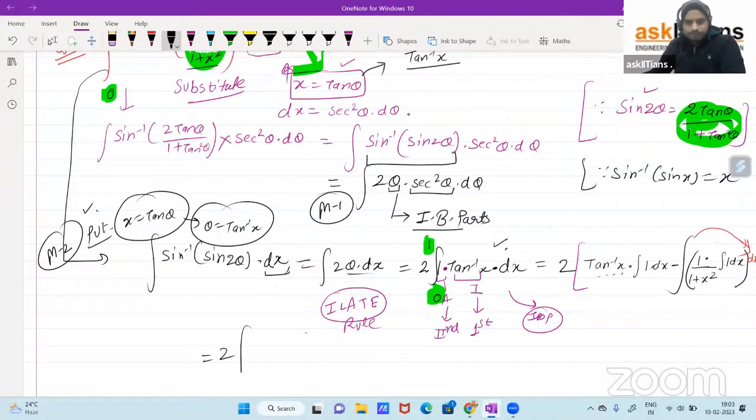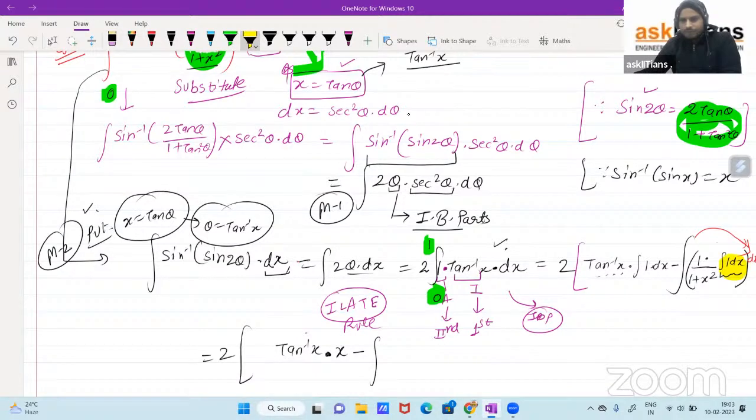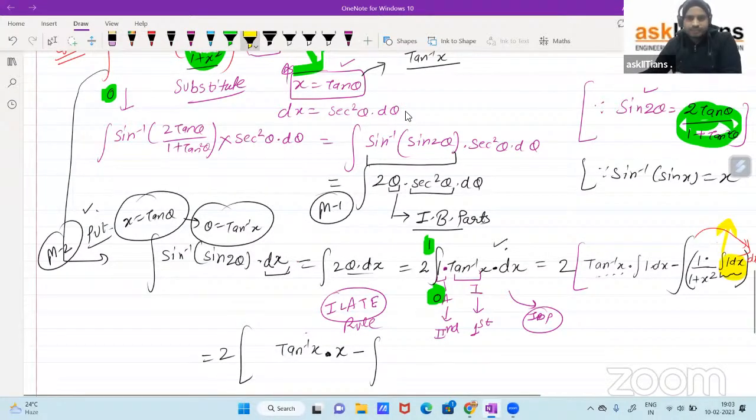So this will be tan inverse x into integration of 1, which is x only, minus the integration of 1 upon 1 plus x square into x, and the integration of 1 is x only.